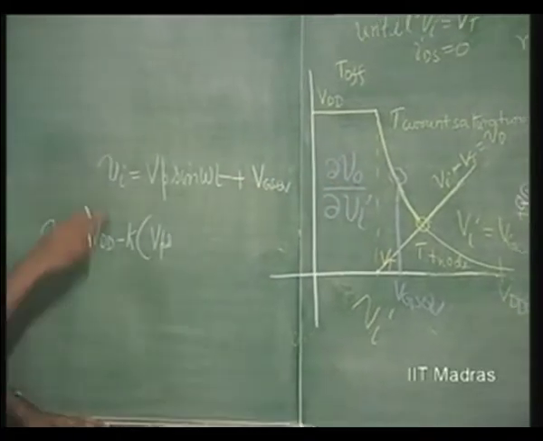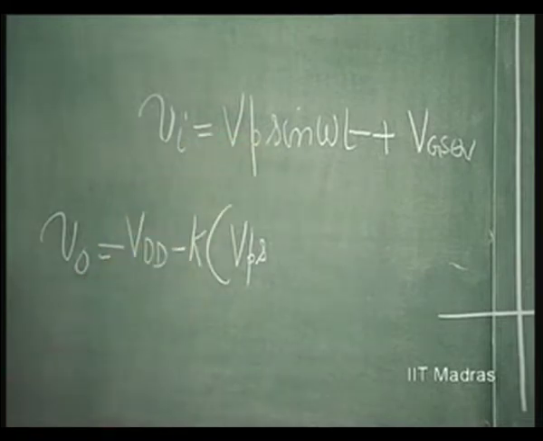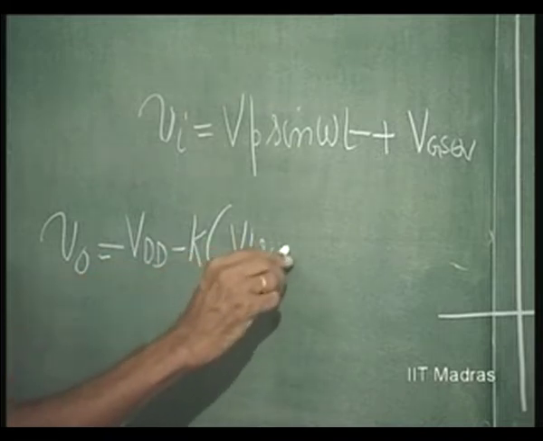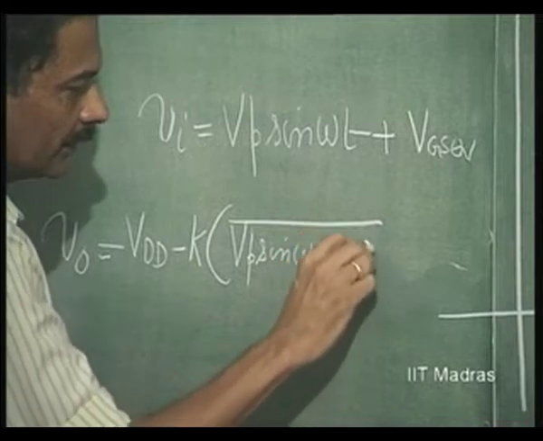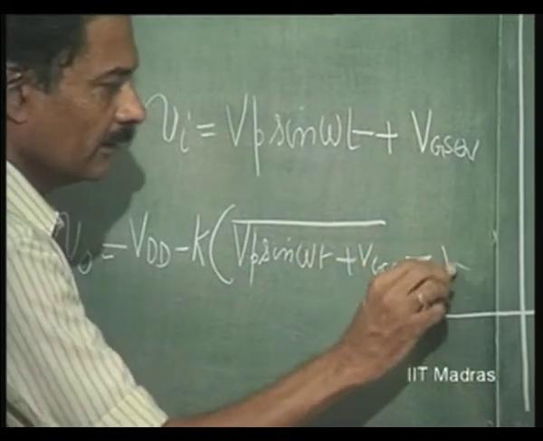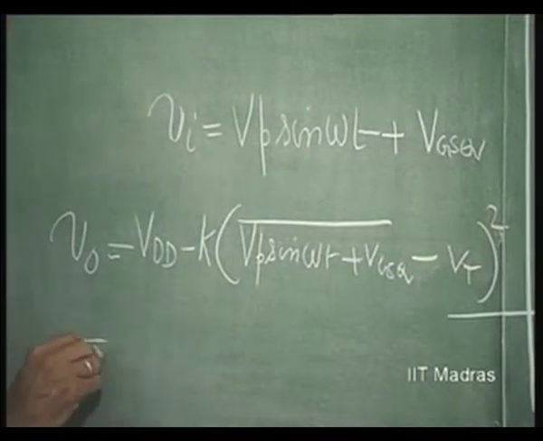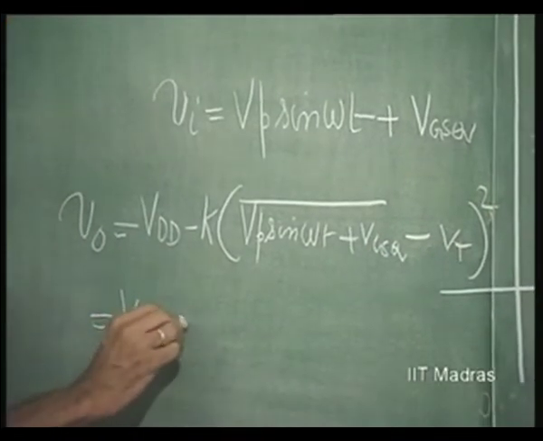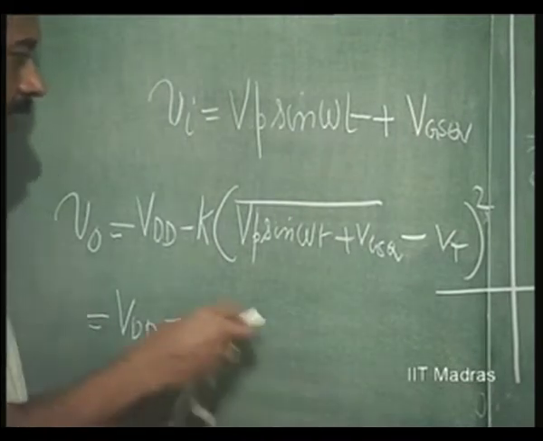So, we have Vi is equal to VGSQ plus Vp sin omega t, and therefore, VDD minus k times Vp sin omega t plus VGSQ DC voltage bias, minus Vt whole square. So, what you get here? VDD minus, we will now couple this on like this.